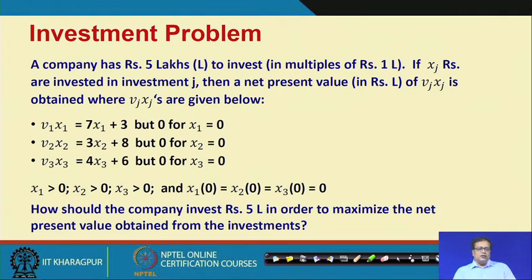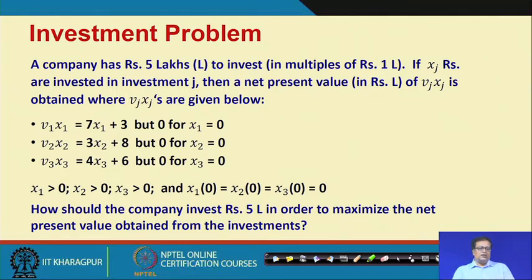Now, let us look at an investment problem. Let us say a company has rupees 5 lakhs, which we shall denote by L, to invest in multiples of rupees 1 lakh. Now, if x j rupees are invested in investment j, then the net present value in rupees in lakhs of V j x j is obtained, where the V j x j's are given by 3 formulas.